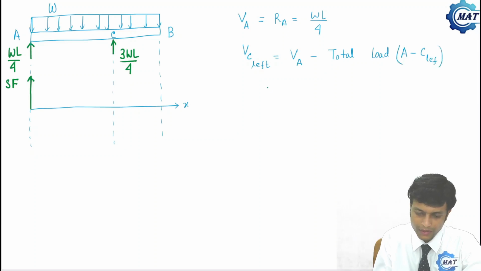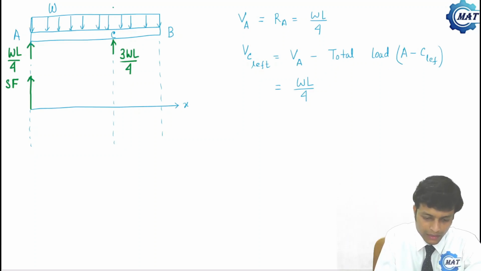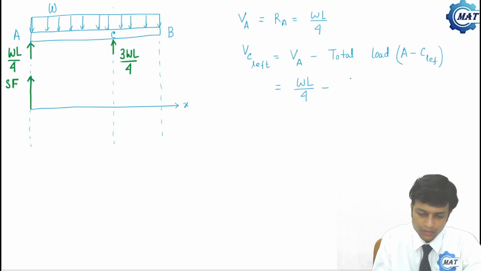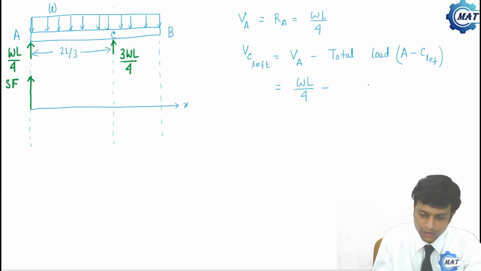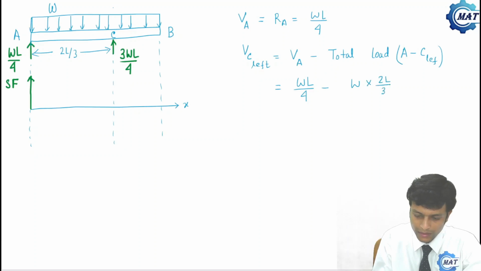So VA we got WL by 4. And what is total load between A to C? The distance is 2L by 3 and intensity of the load is W. So that is W into 2L by 3.